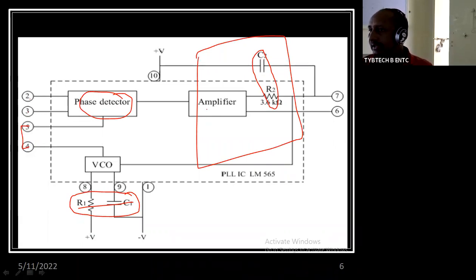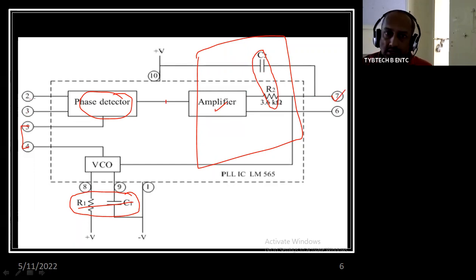Get the wording: not mandatory, but compulsory over there, because whatever output you get from this phase detector is a small voltage, in millivolts. To amplify it, this particular amplifier is utilized, then it is passed to the LPF, and at pin number 7 you will get the output.